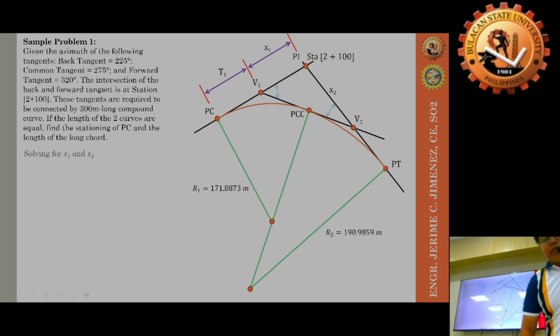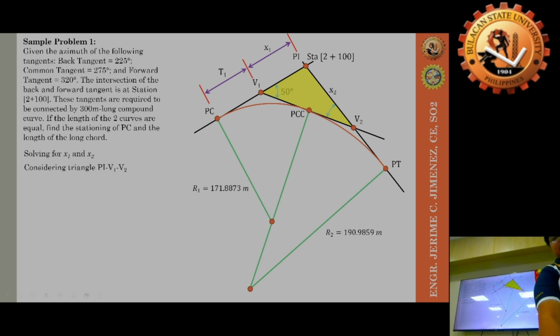So, we can now solve for x sub 1 and x sub 2. So, paano natin masasolve si x sub 1 and x sub 2? Good. Kasi nga, may triangle tayo sa loob. Okay? So, consider natin yung triangle PI, V sub 1, and V sub 2. So, ito yung triangle natin.